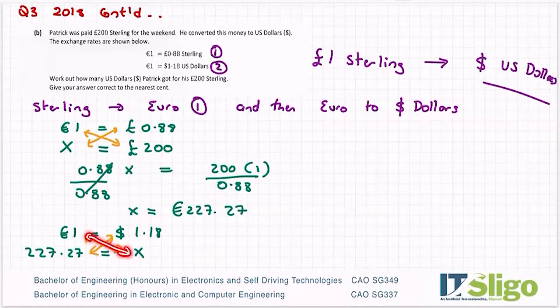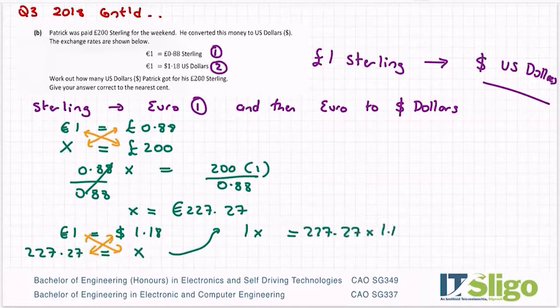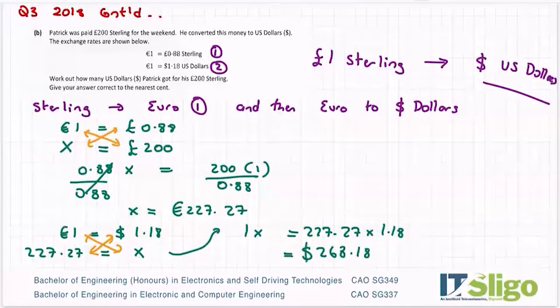So x times 1, in other words 1x, is equal to 227.27 multiplied by 1.18. And I'm getting $268.18 for that. So that's one way of doing it.